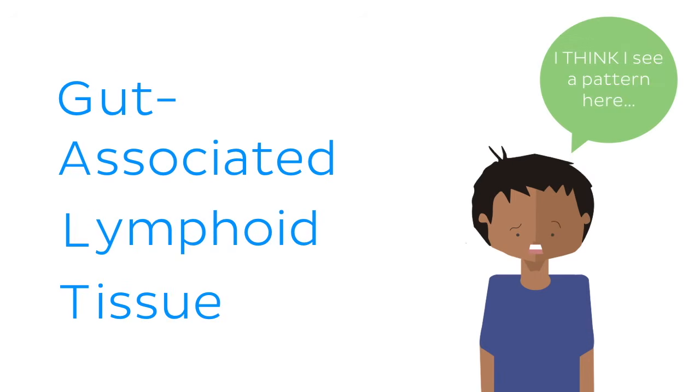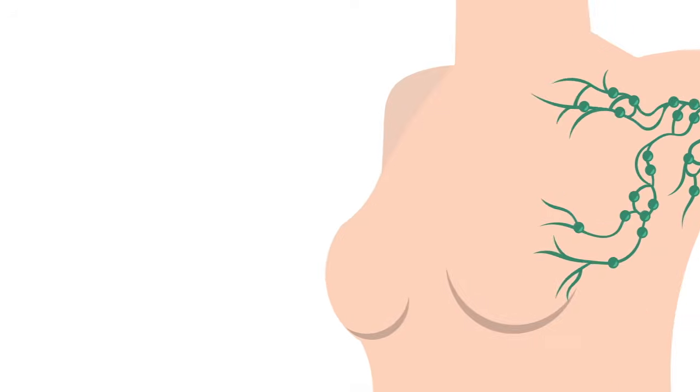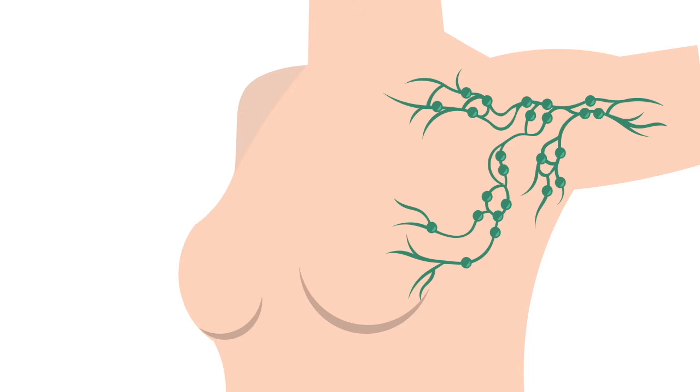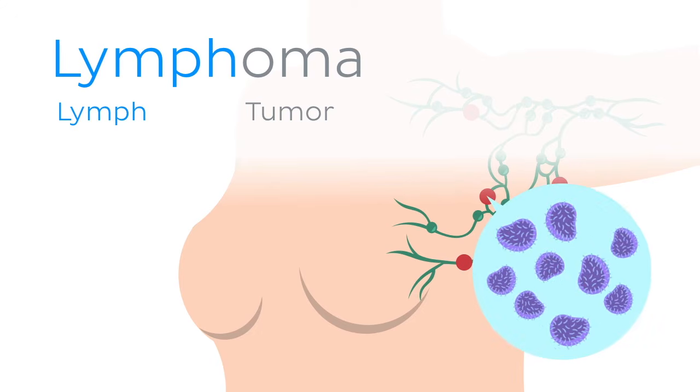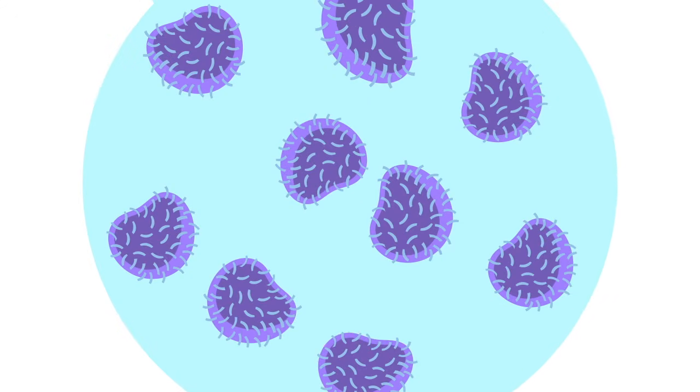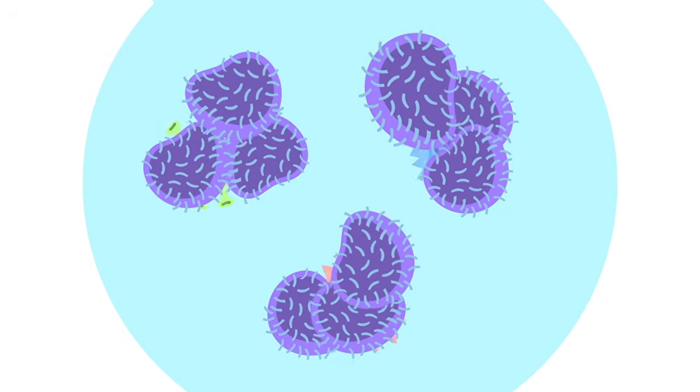And that pretty much wraps up the anatomical side of things, but what about the all-important clinical terminology? Let's take a look at that. Now, a lot of the clinical terminology associated with the lymphatic system is related to cancer. The term lymphoma is probably one that you'll encounter the most as it refers to a group of cancers which originate from lymphocytes, the infection-fighting cells of the immune system.